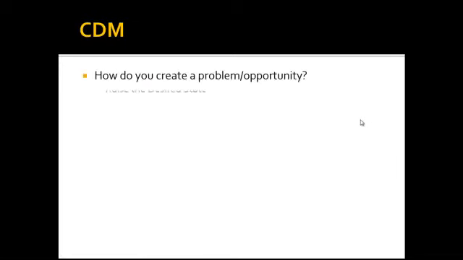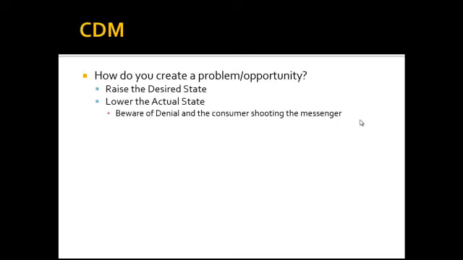So there are basically two ways to create a problem or an opportunity. Raise the desired state, make the desired state even higher so the person feels like, gee, I wish I was up there. The second way is to lower the actual state, make the consumer feel he or she is not doing as well as they thought they were.